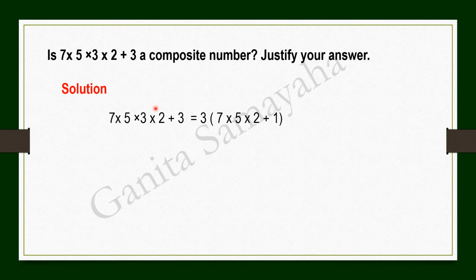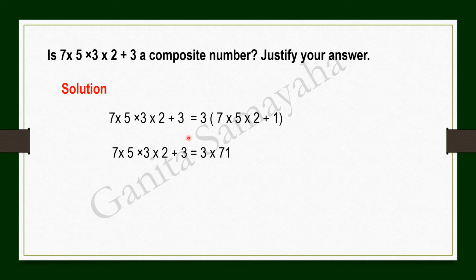One term is 7 into 5 into 3 into 2 plus the other term is 3. So we take 3 as a common factor and we can write this as 3 into 7 into 5 into 2 plus 1. Okay. So whatever we have got within the brackets can be now simplified and we can write this as 3 into 71. 7 into 5 is 35 into 2 is 70 plus 1 is 71.